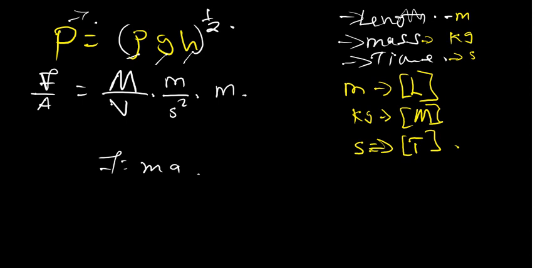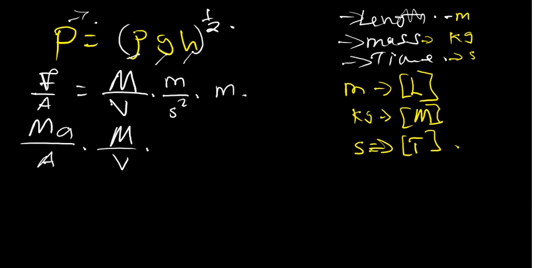So I'm going to say that force is mass times acceleration, but this mass I'm supposed to put in capital M so that I should not be confused with the meters. So I'm going to say mass times acceleration over the area, and on the right I'm going to have this times this.